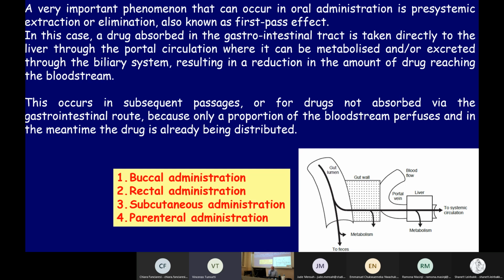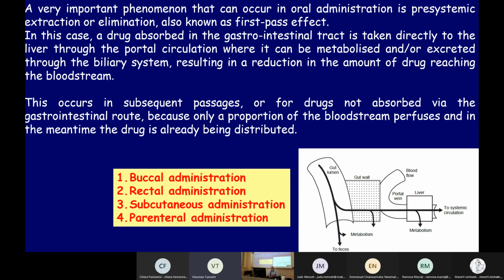We have already discussed the first pass phenomenon. This means that when we assume a drug orally, the most part of this drug is delivered through the portal vein.